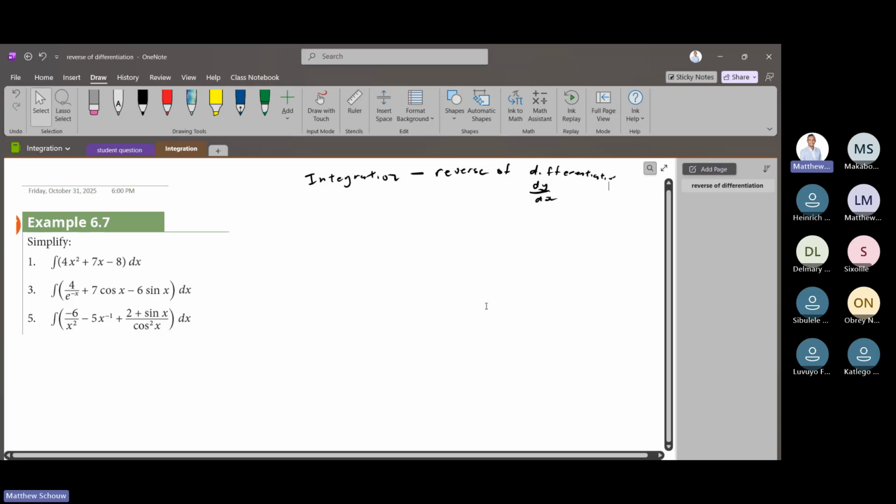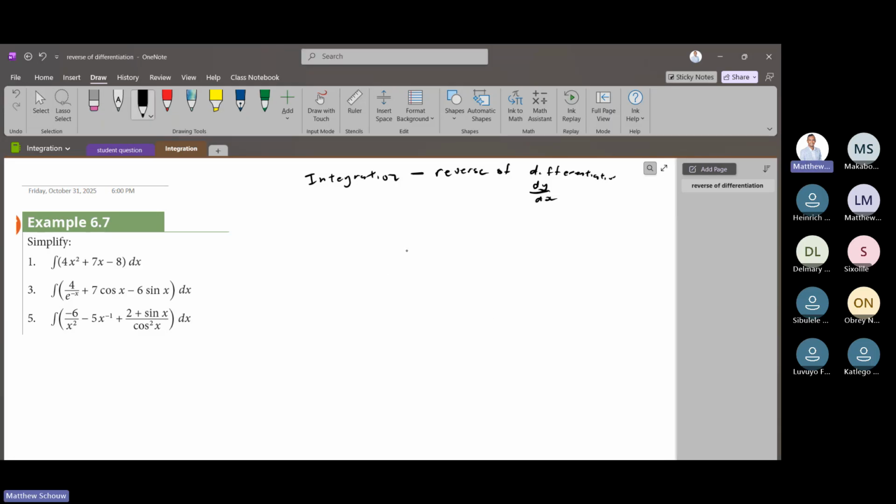So let's quickly do the first one. I'm assuming you have some fundamentals here. We have 4x squared plus 7x minus 8. I'm just focusing on what's in the textbook, but there's a lot I can say about this. Let's try to integrate this.